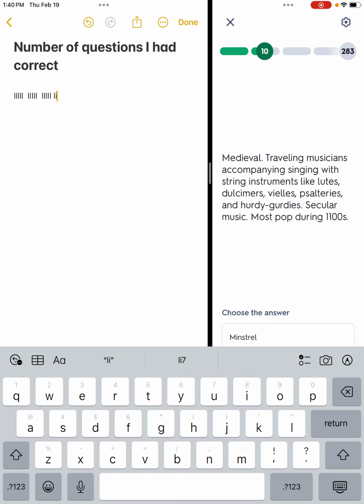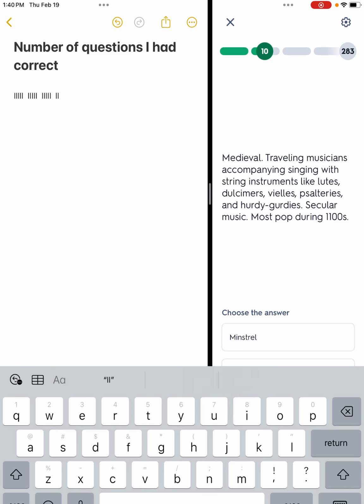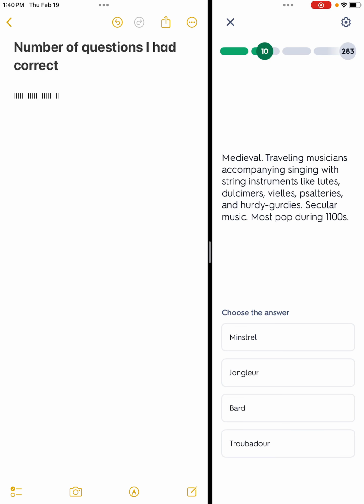Okay, so medieval traveling musicians and companies singing with string instruments like flutes, dulcimer, viols, psalteries, and hurdy-gurdies.